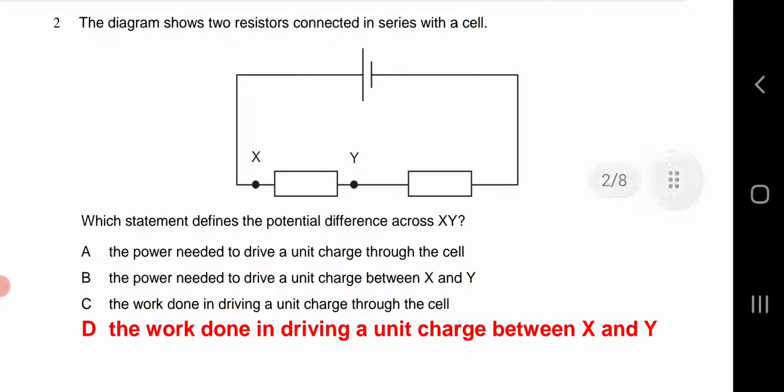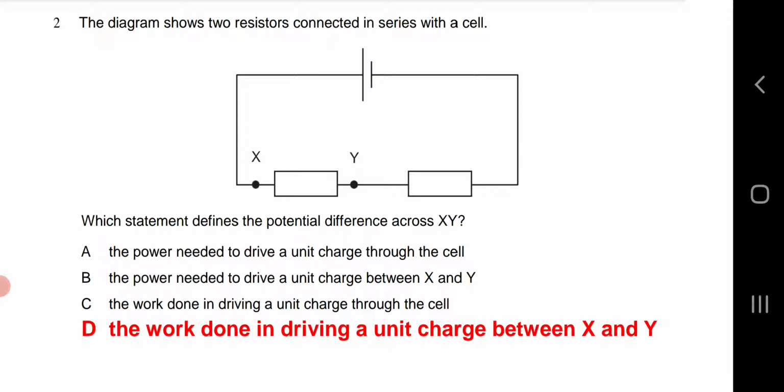Okay, question number 2. The diagram shows two resistors connected in series with a cell. Which statement defines the potential difference across x, y? The potential difference across x, y is the amount of work done in moving a charge from point x to y. So 1 volt is the unit of potential difference. So 1 volt is equal to 1 joule per coulomb.